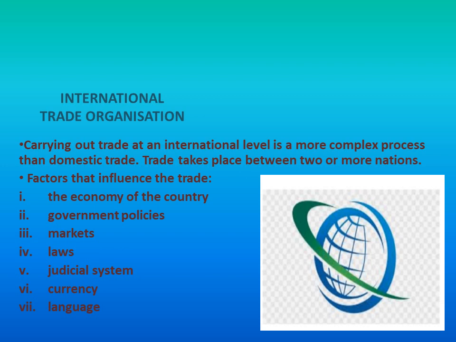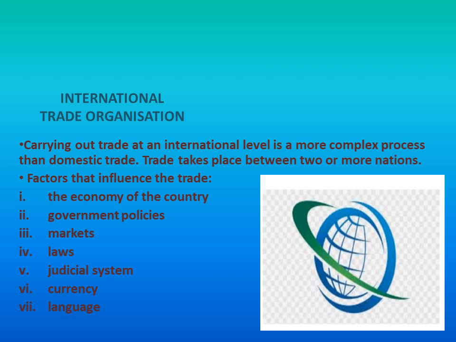Now let's understand the concept more clearly. ITO was a proposed name for international organizations for regulations of trade. Carrying of trade at an international level is more complex process than domestic trade.